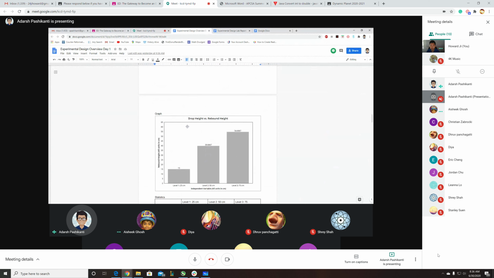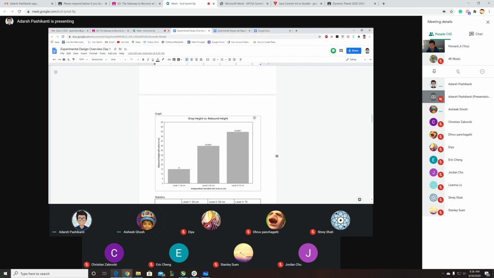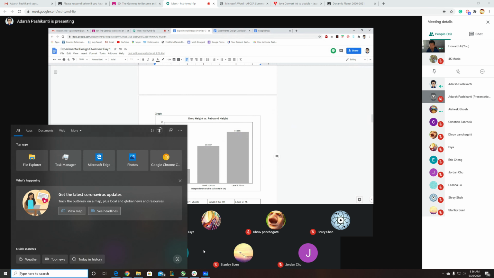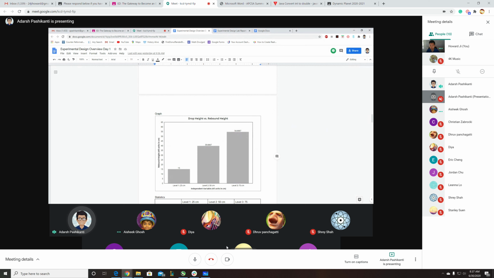For graphs, basically you're either gonna use a line graph or bar graph to represent the averages of your data, and you should usually only do averages, since that's what you're gonna have time for, and that's what they really care about anyway. So you're gonna use the Sultan graphing method, which was scale, units, labels.